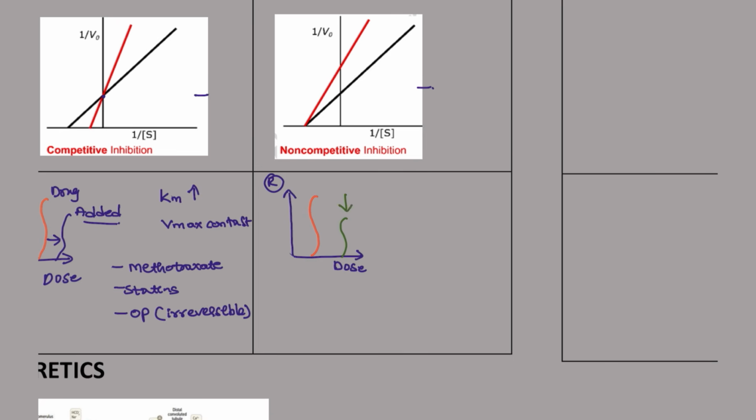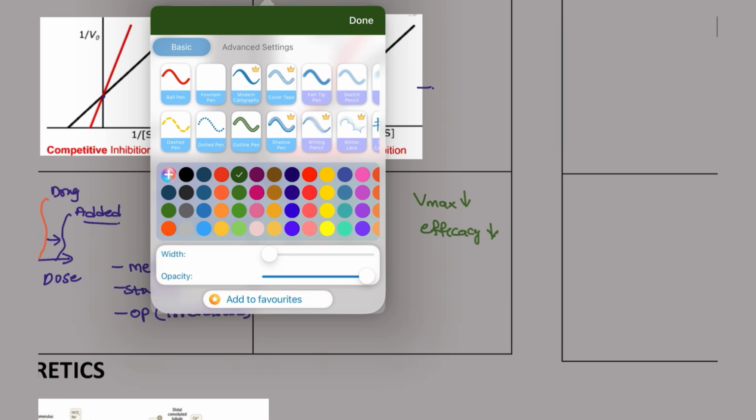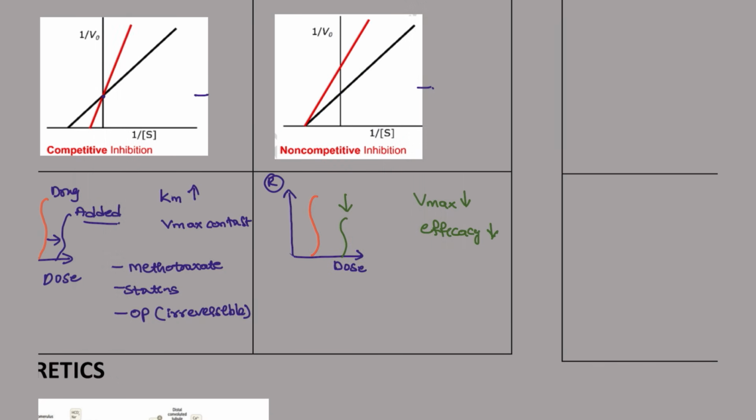Same as the height, there will be a decrease in Vmax, and the efficacy will also be decreased here. This is what is seen in patients using non-competitive inhibition drugs. So what are the examples of non-competitive inhibition?